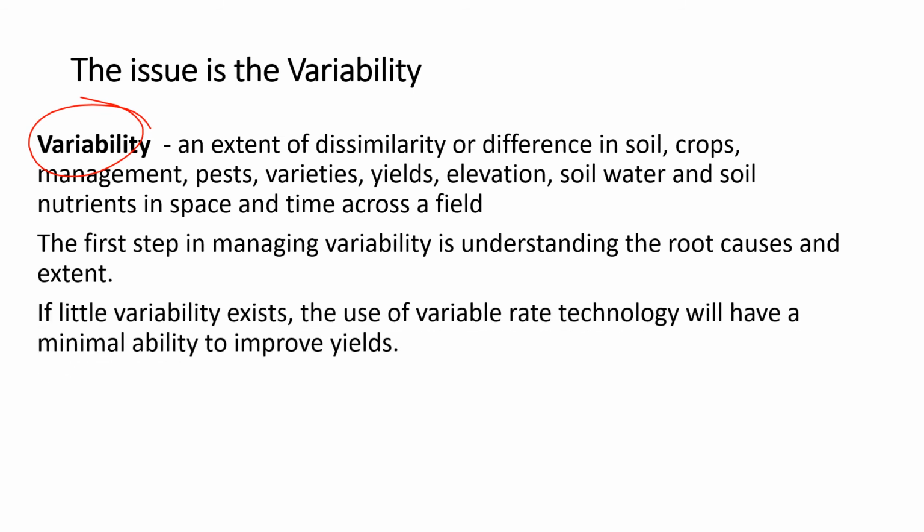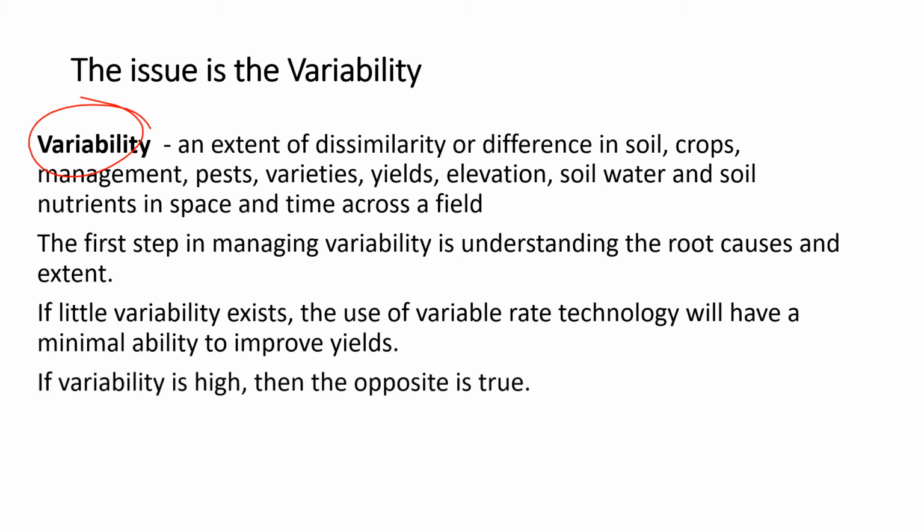So we are saying that if little variability exists, then the use of variable rate technology will have a minimum ability to improve yield, because we'll be sure that the practices and inputs can be applied without any fear of difference across the farm.